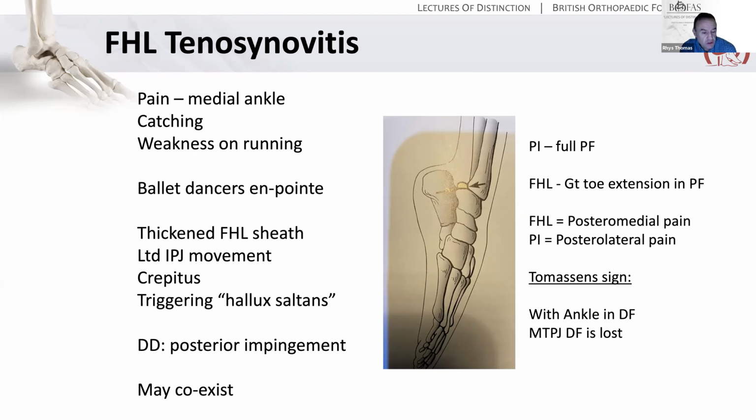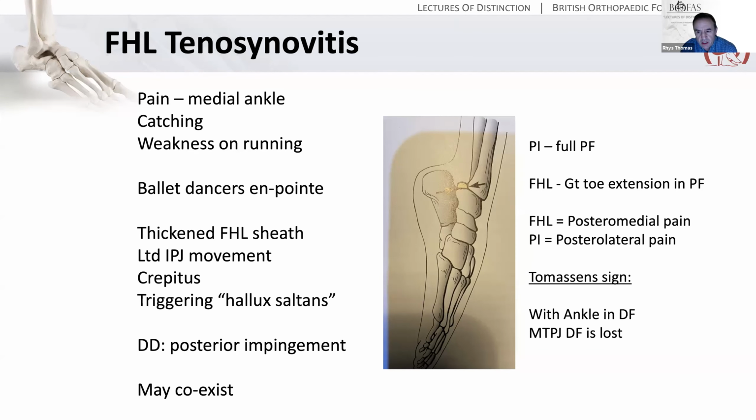The main differential diagnosis is with posterior impingement, possibly with an os trigonum. Certainly these can coexist and can give trouble at the same time. To differentiate these, the pain from posterior impingement tends to occur on full plantar flexion.